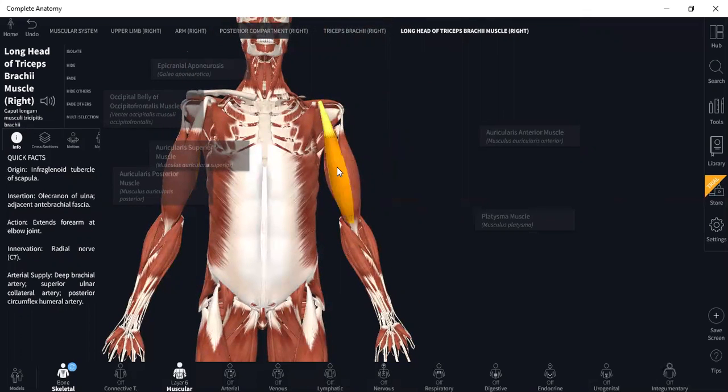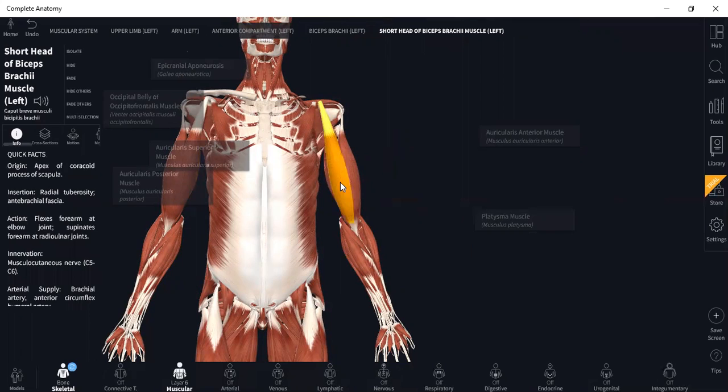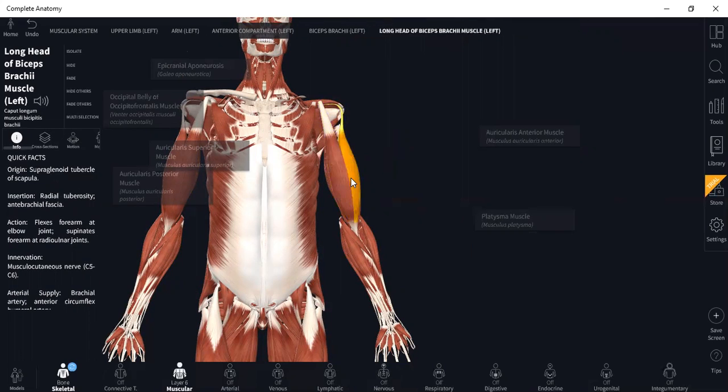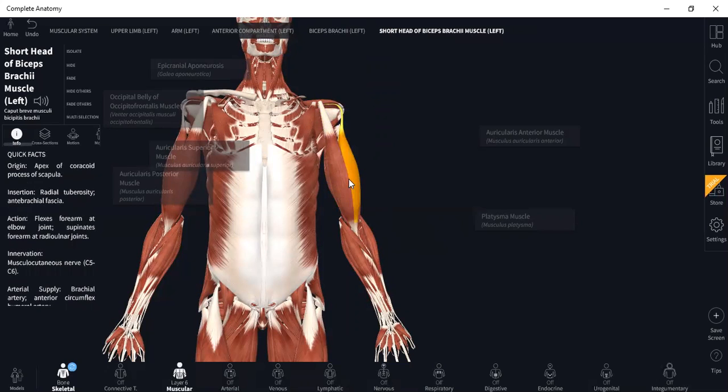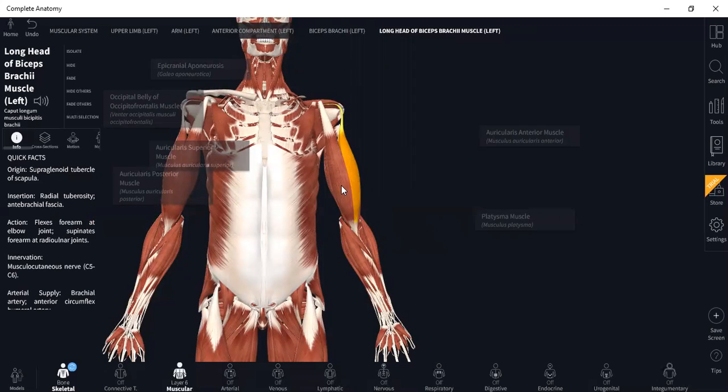On the front of the arm, we have biceps brachii, which is responsible for flexing the arm at the shoulder, as well as flexing the forearm at the elbow.